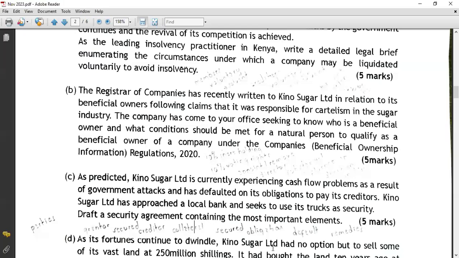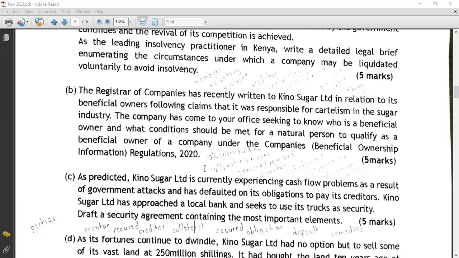There are several things they look at: shareholding in terms of issued shares, voting rights, and who holds or exercises significant influence in terms of their ability to appoint or remove directors.